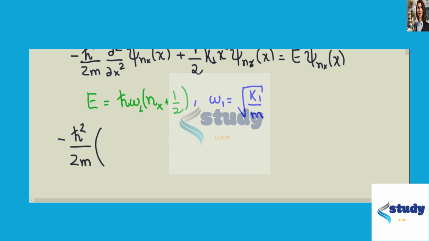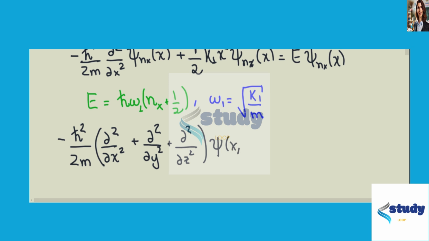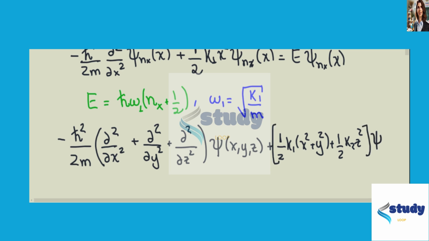So we have minus h bar squared divided by 2m times d2 dx2 plus d2 dy2 plus d2 dz2 times psi of x, y, and z, plus the potential energy, which is 1/2 of k1 times x squared plus y squared, plus 1/2 of k2 z squared, times psi.